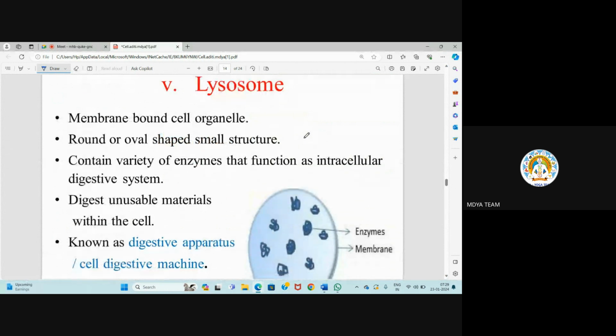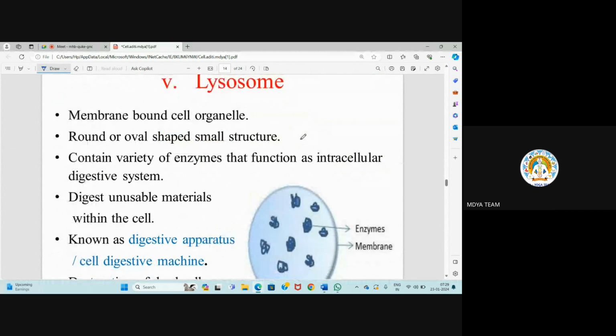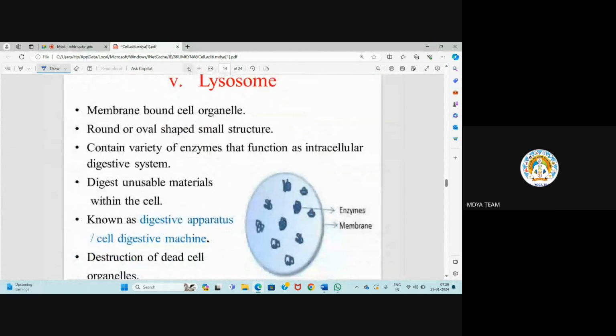You can see here in this picture. Lysosomes are membrane-bounded cell organelle, round or oval-shaped small structure, contain variety of enzymes that function as intracellular digestive system.